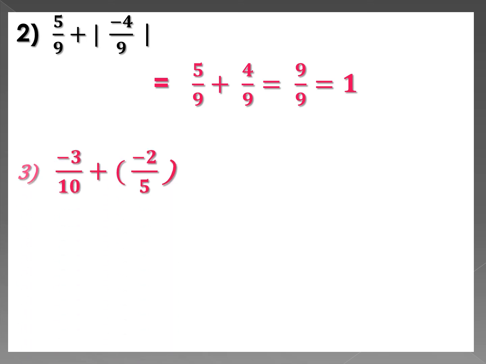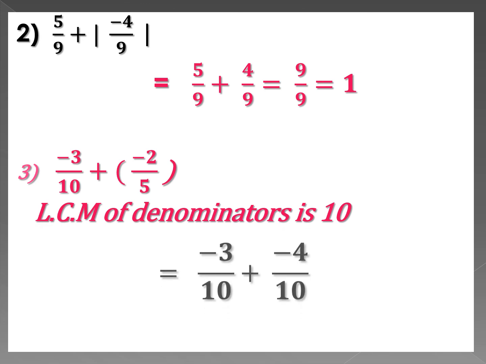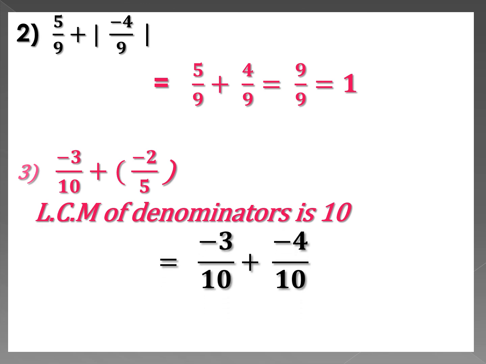Another example, negative 3 over 10 plus negative 2 over 5. The LCM of the two denominators, 10 and 5, is 10. It will be negative 3 over 10 plus negative 4 over 10, which is equal to negative 7 over 10, in the simplest form.